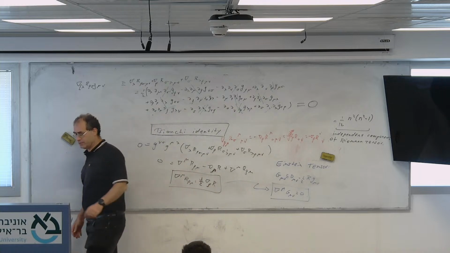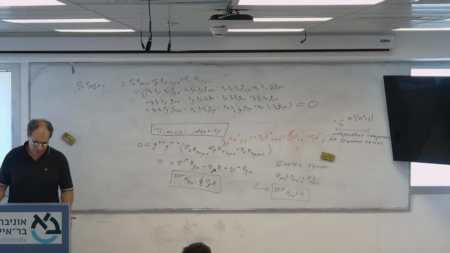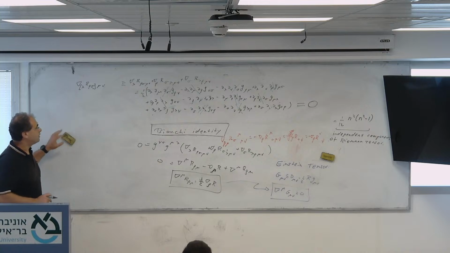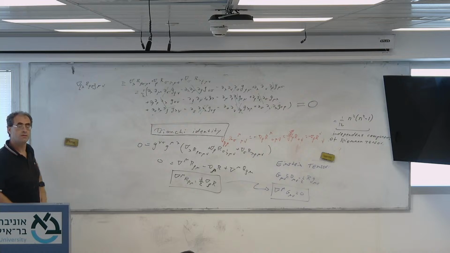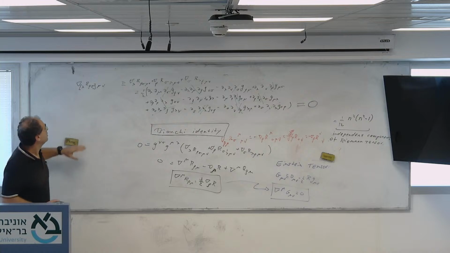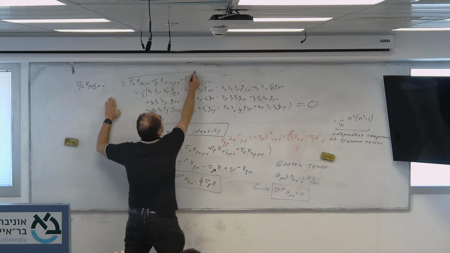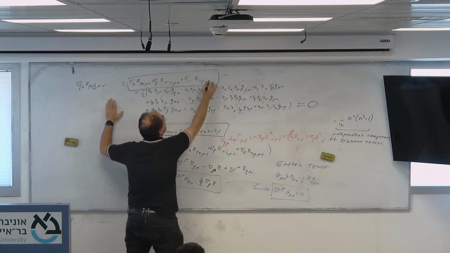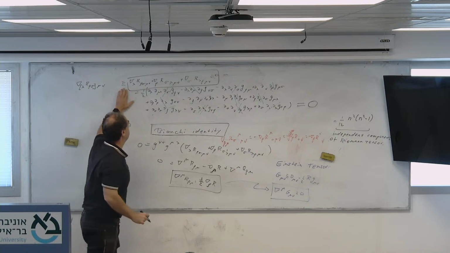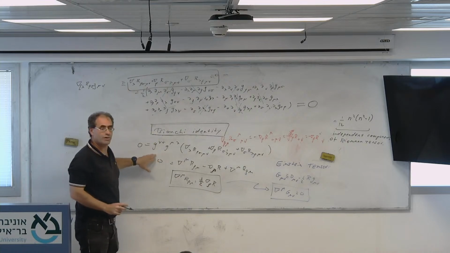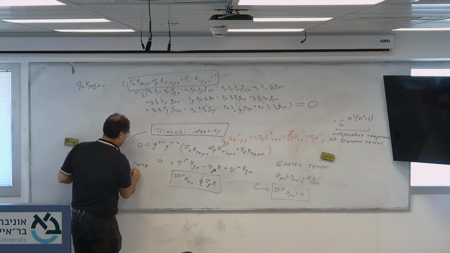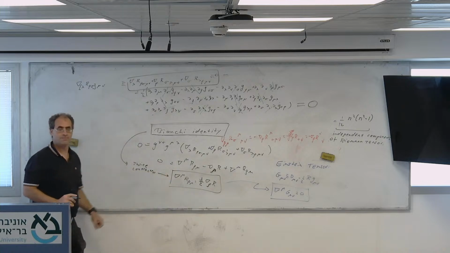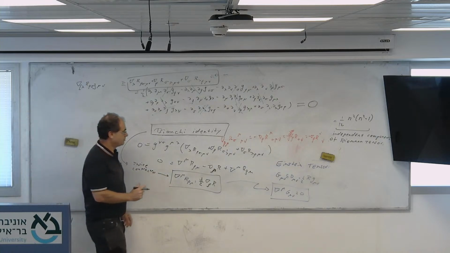Okay, before we move on, now it's time to make a stop and have a few examples. Any questions or technicalities? Just to make sure, the Bianchi identity is this equation. This is the Bianchi identity. And this is the twice contracted Bianchi identity.